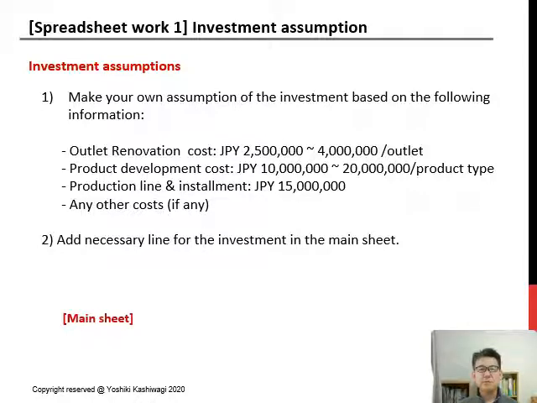My suggestion for you is to add a line above the revenue. So the initial investment line is the first line, followed by revenue, cost, and profits. I will show you my Mainsheet, but this is my suggestion. This is not a requirement. This is not a rule.